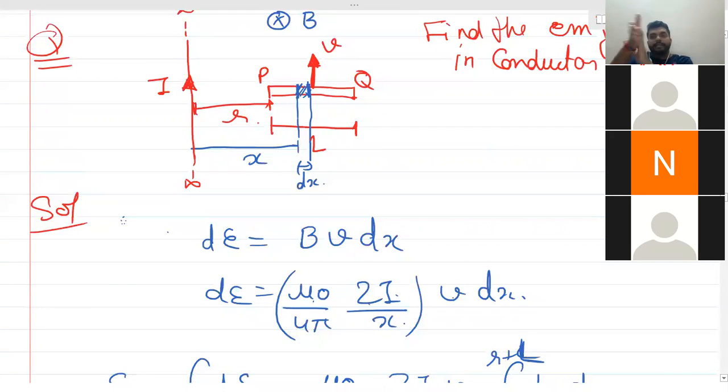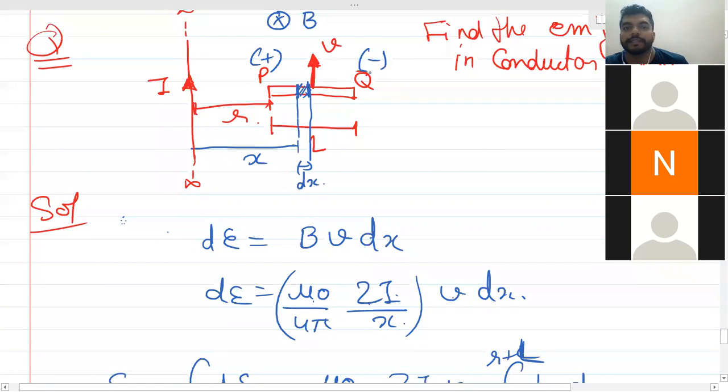So can you see my palm is facing towards P? This was Q. This was P. Are you getting my point, guys? So P will be the positive end and Q will be the negative.